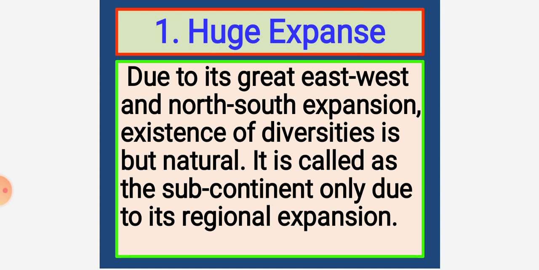That distance causes diversity, and it is natural. It is called a subcontinent due to its regional expansion, because if we cover some miles of area, then the language, the style, the culture of people is different.